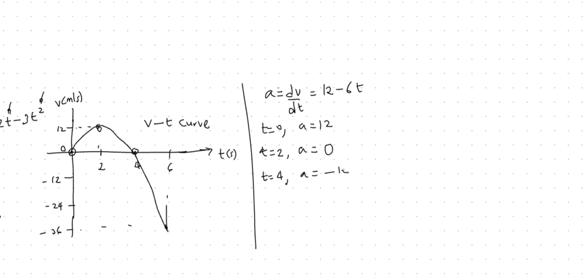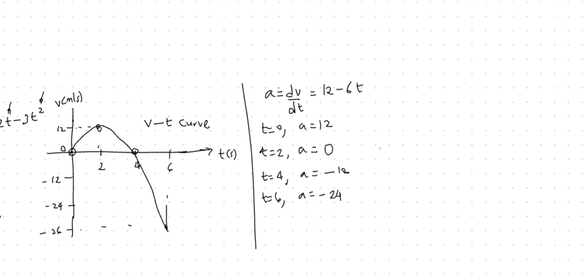And at t equals 6, we have 12 minus 6 times 6, which is 36. So 12 minus 36 gives us negative 24.